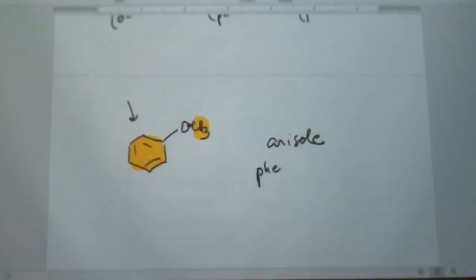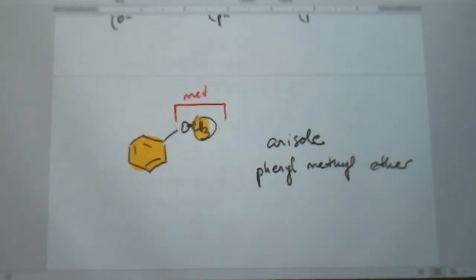So this could be phenyl methyl ether. Or I could look at this and say this is a substituent of my benzene ring, and then call this something like methoxybenzene. So there's all kinds of ways that I could name this.